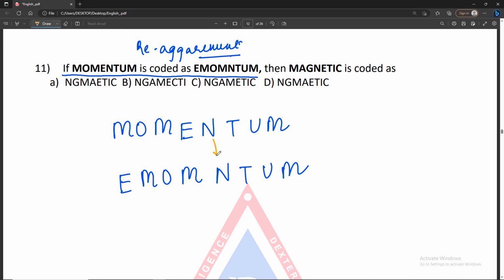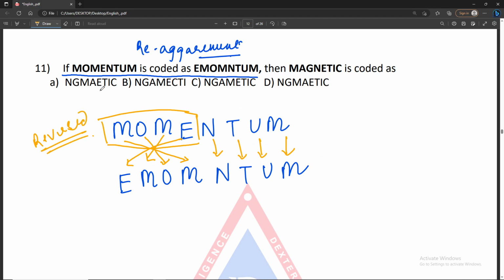So you can see N is as it is written, N T U M. It is as it is written in the rearrangement, but M O M E has been changed. How? You can see E has been put forward. Then we have M, then we have O, and then we have M. That means the first four letters of the word have been reversed.